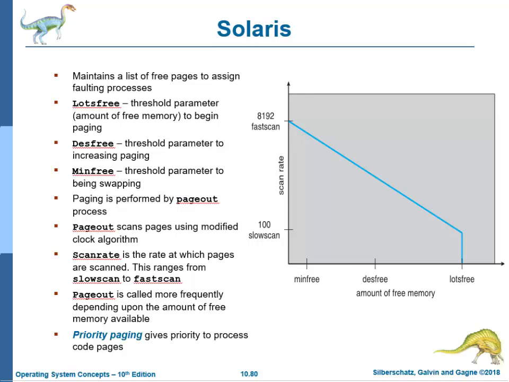Solaris performs global replacement. When a thread faults, Solaris always gives it a new frame. Therefore, Solaris gives very high priority to ensuring that free frames are always available.